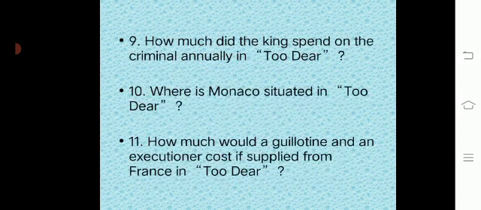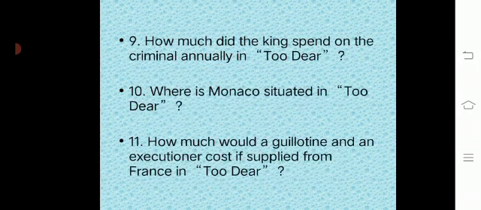Question number 10. Where is Monaco situated in Two Dear? Question number 11. How much would a guillotine and an executioner cost if supplied from France in Two Dear?